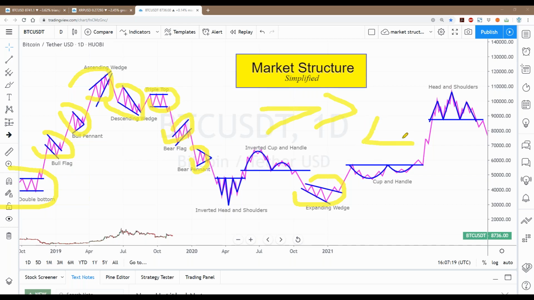But all the patterns I just told you, I classify into these. Now, what's the difference when we have a wedge, okay? In a symmetrical triangle, the two sides are at equal degrees. A wedge is formed when the two sides, the support and resistance lines, or the parts of the triangle, are on different angles. So it's still, to me, a triangle.